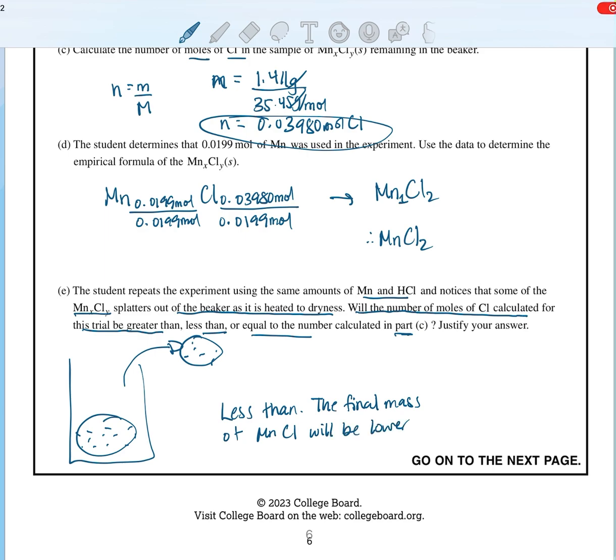And then when you convert mass to moles, that's going to decrease the mole value also of the chlorine, right? So if the final mass will be lower, this will cause moles to be lower also.